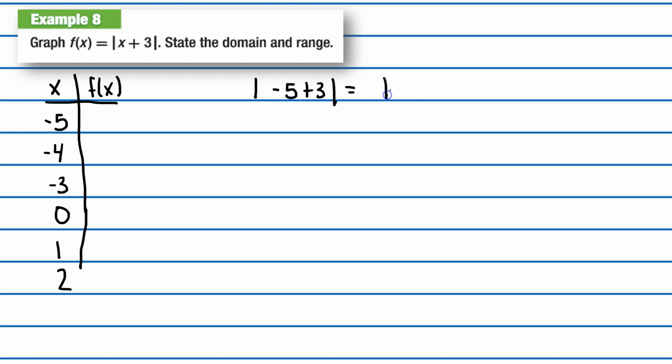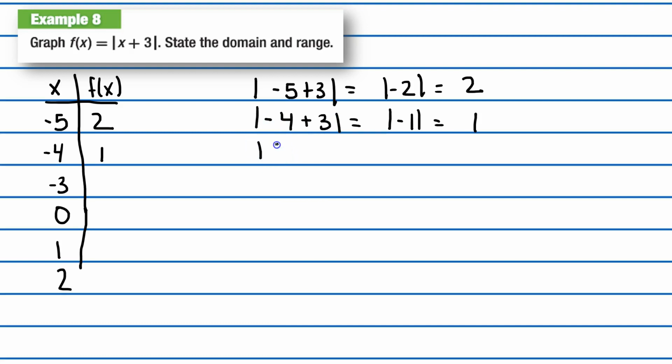And that gives us the absolute value of -2, which we can't leave like that because we have to change it to a positive. So it'll be positive 2. Absolute value of -4 plus 3 is equal to absolute value of -1. Must change to a positive, so it's just going to be 1.